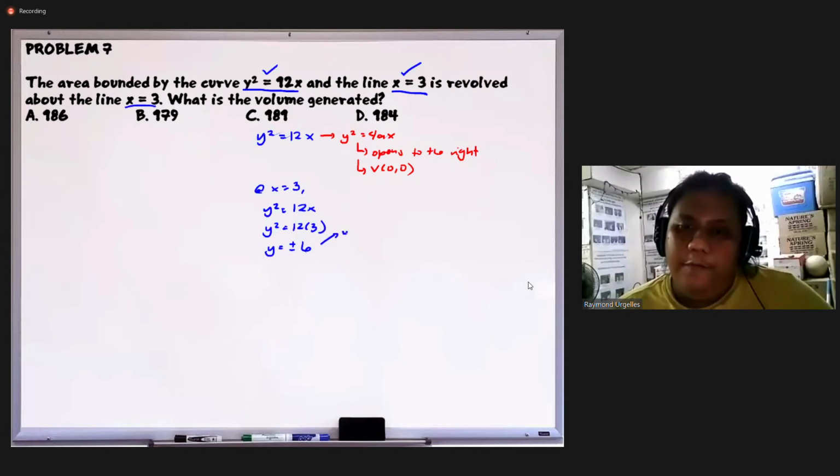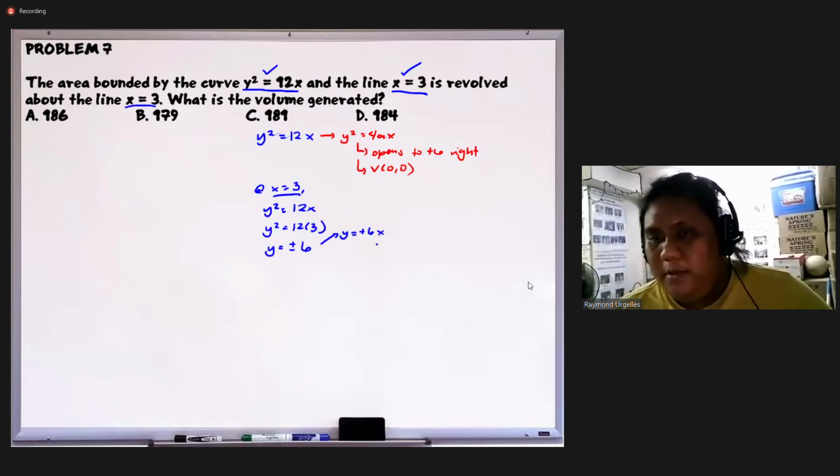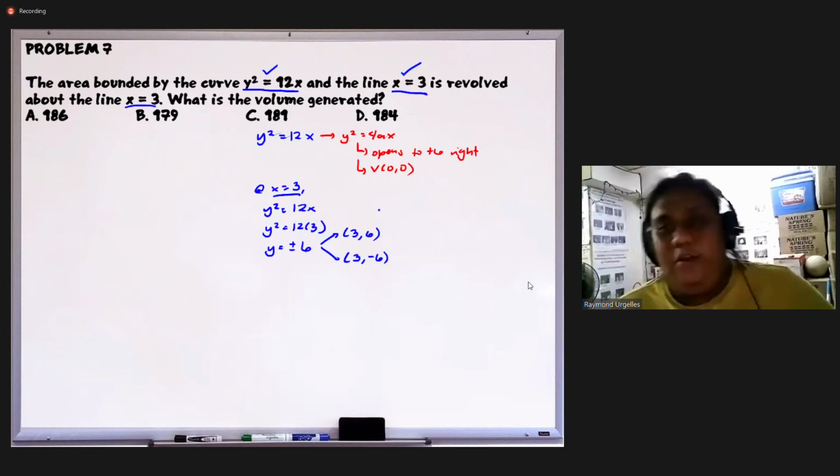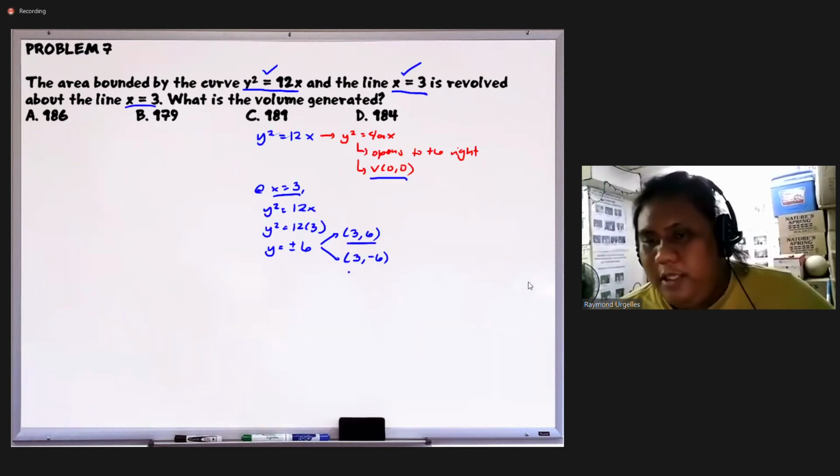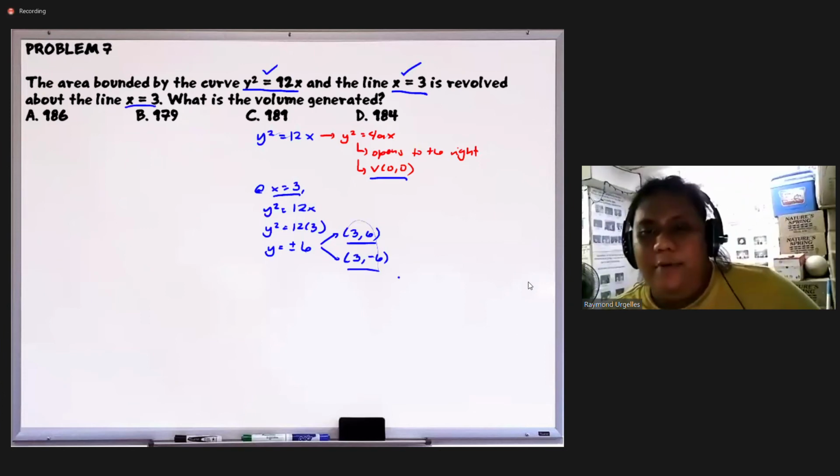If y is positive 6, x is equal to 3; if y is negative 6, x is equal to 3. These are our points of intersection, the points that define our parabola.